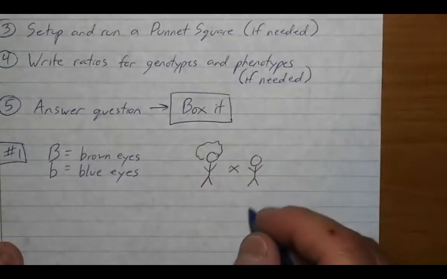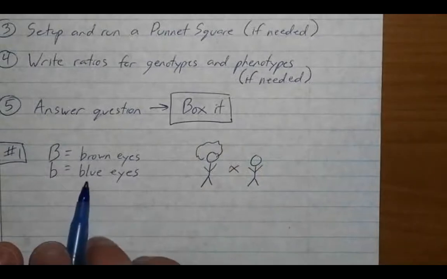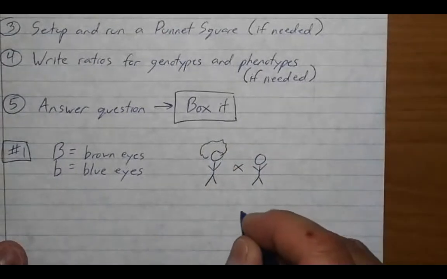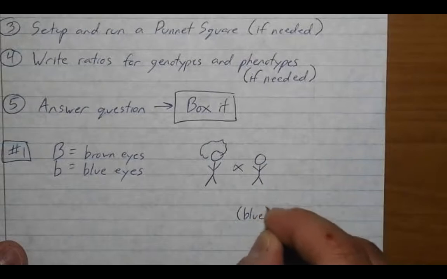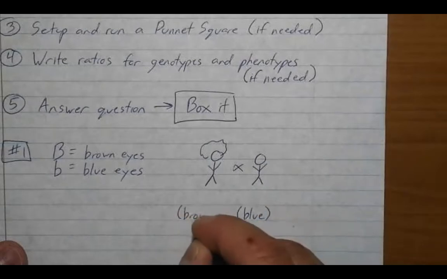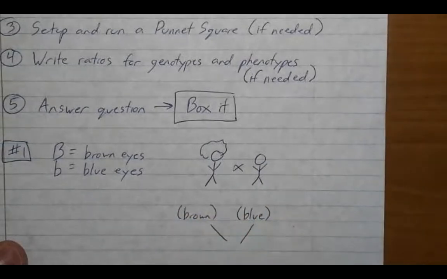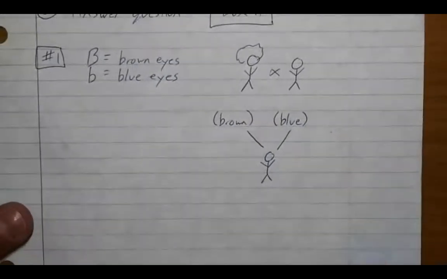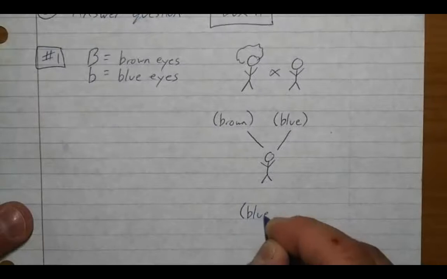Said a blue-eyed man. Well, the only way you can have blue eyes, in fact, you know what? I'm not even into that yet. Let's just say that his eyes are blue, her eyes are brown, they have a child. In this case, it's not a question mark. They actually tell you the child's information. The child had blue eyes.